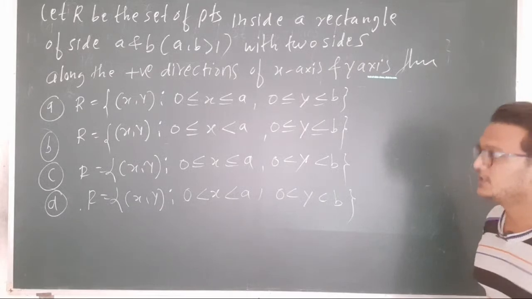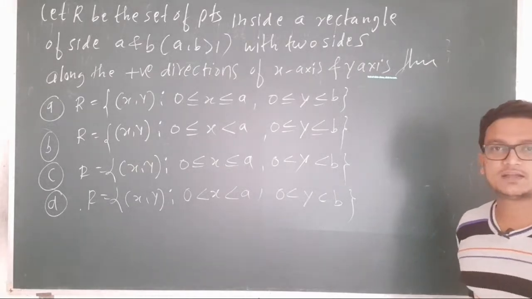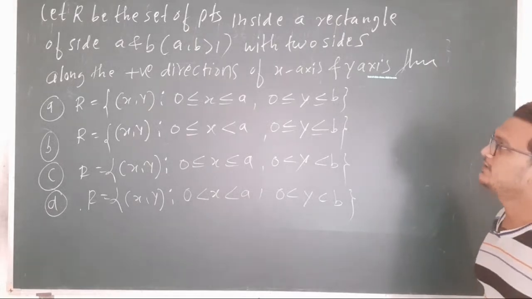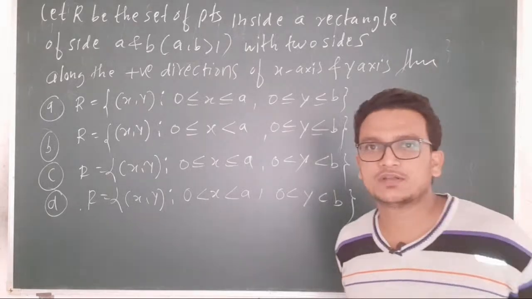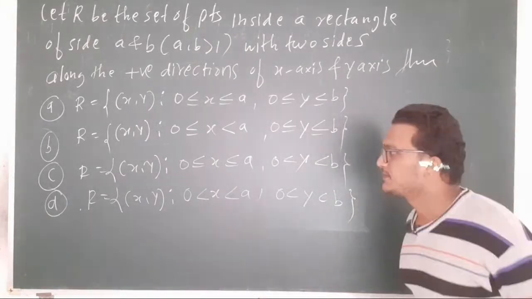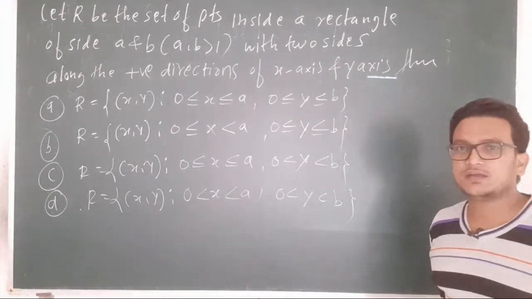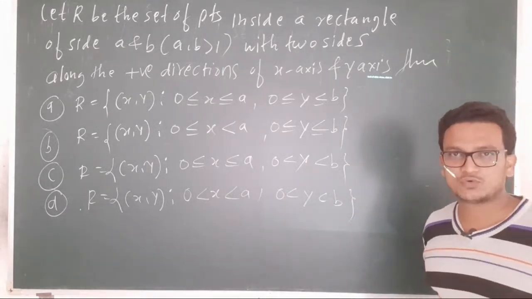Then what will be that set R? After reading the question, maybe it gives some confusion, but actually a very simple concept is used to find the correct answer among these.